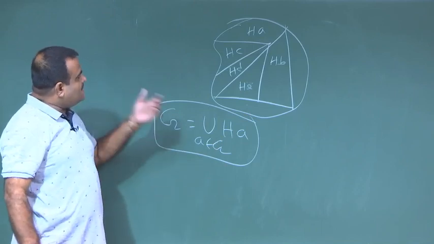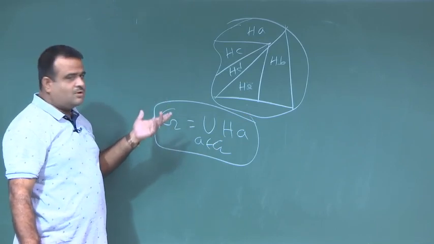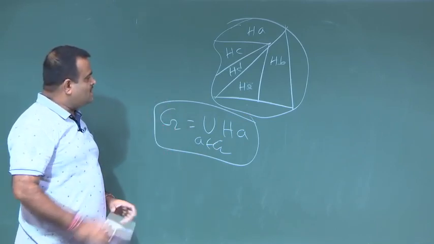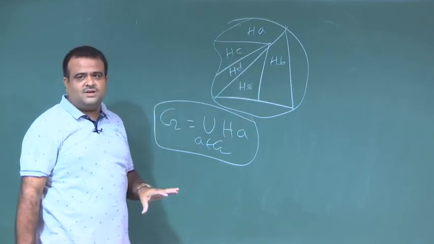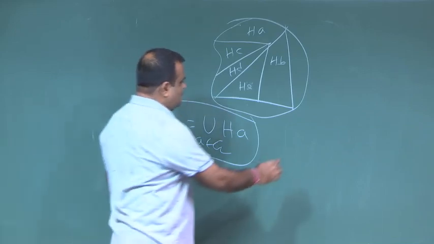Okay. Again we can prove what we did for the left coset: the number of elements in each right coset is the same. So, this is another theorem.